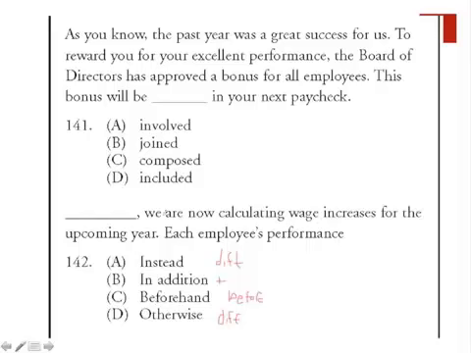So first, let's read the sentence. "So blank, we are now calculating wage increases for the upcoming year." So how would this connect to the information before it? Well, we said the bonus will be included in the next paycheck.